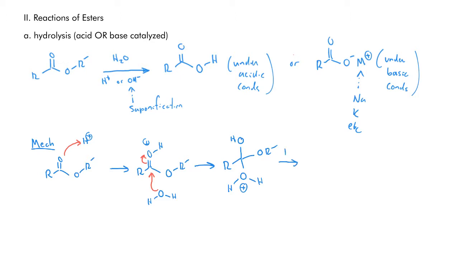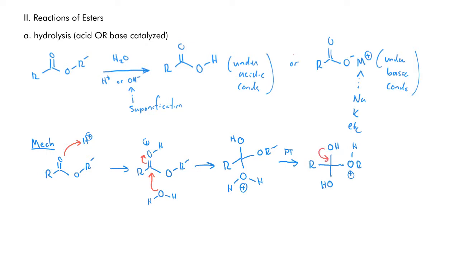So this tetrahedral intermediate has that protonated oxygen. That proton gets transferred to the leaving group, which productively in this case will be the alcohol component, the OR. That gets protonated. If it does, that would be a good leaving group. And for the mechanism to proceed, that needs to be the leaving group.